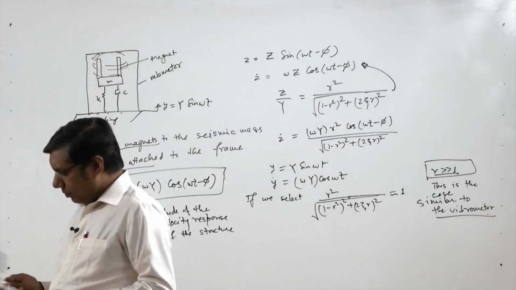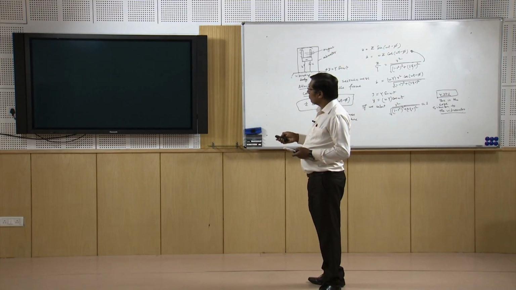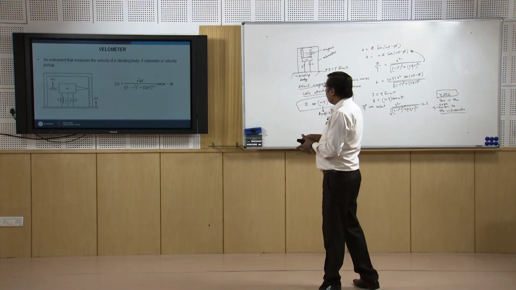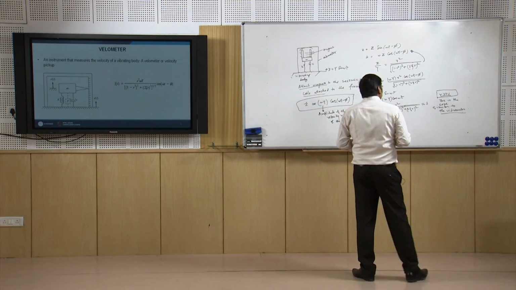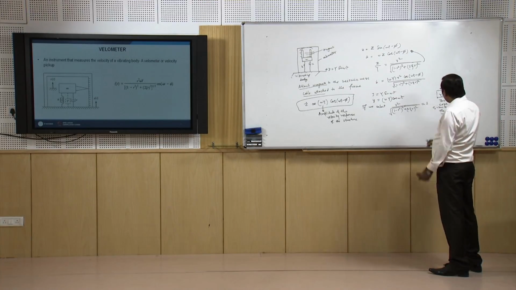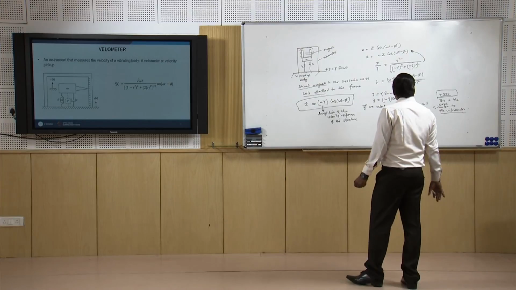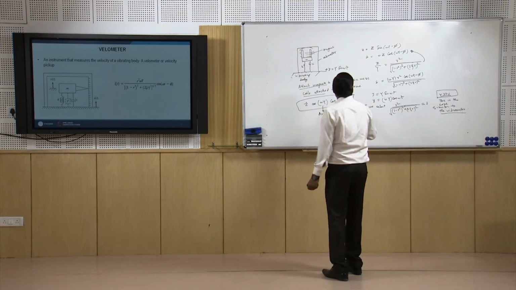If we see the frequency response curve for the velometer, it will be the same as for the vibrometer or accelerometer, but we will be in the range of R much greater than 1.